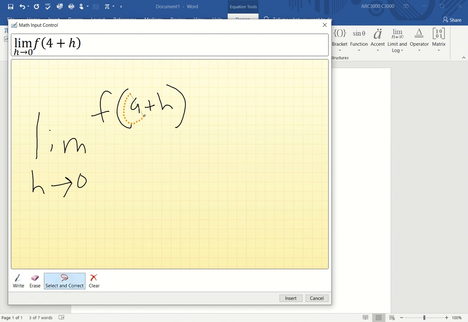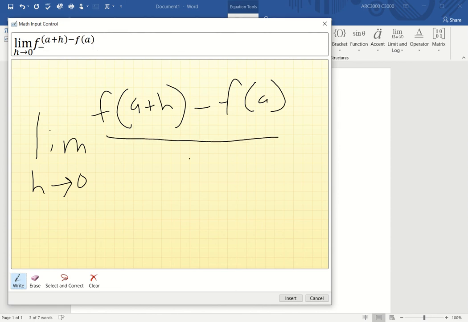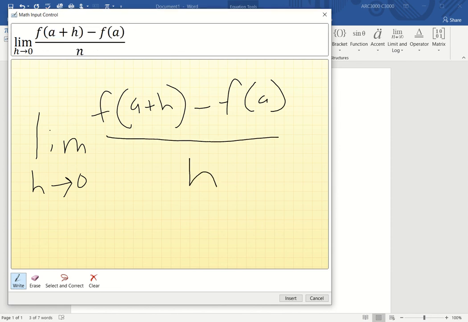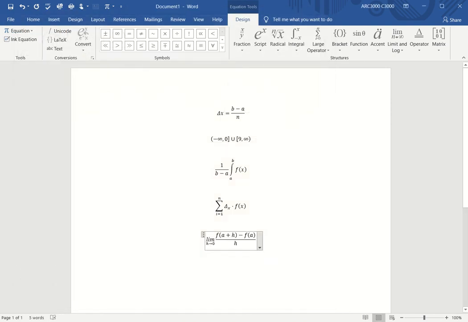Selecting correct, a. Right. Minus f of a, all over h. Selecting correct again, h. There we go. Insert equation.